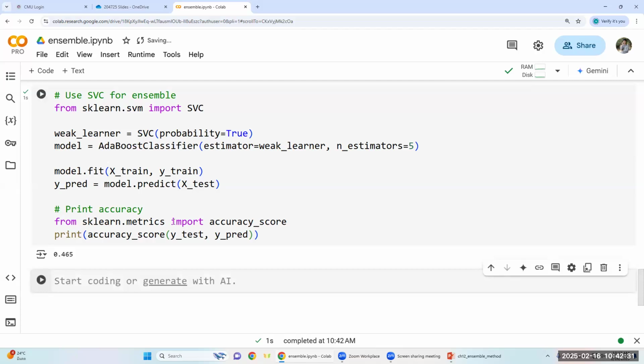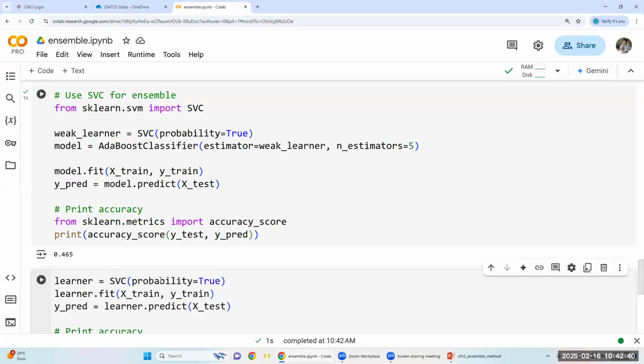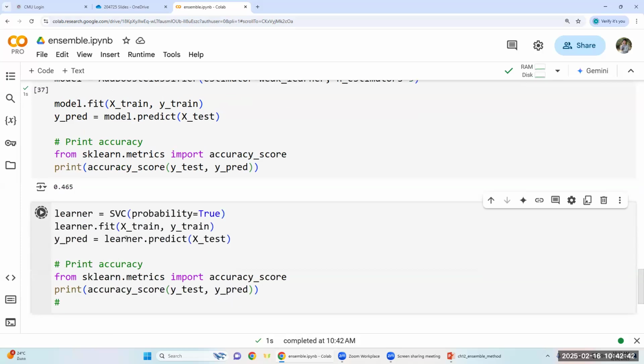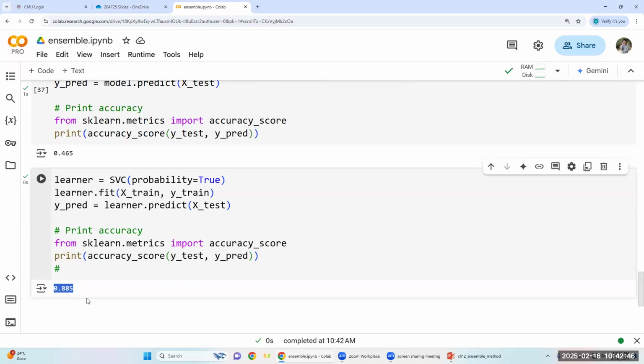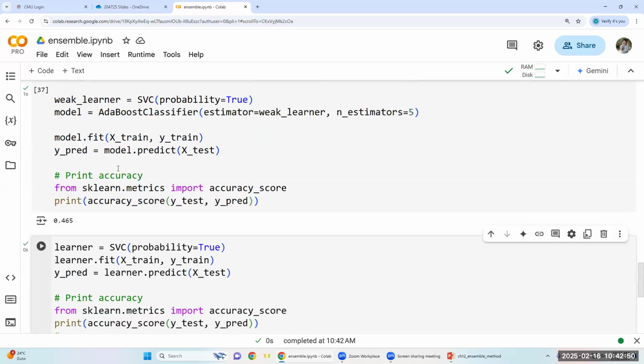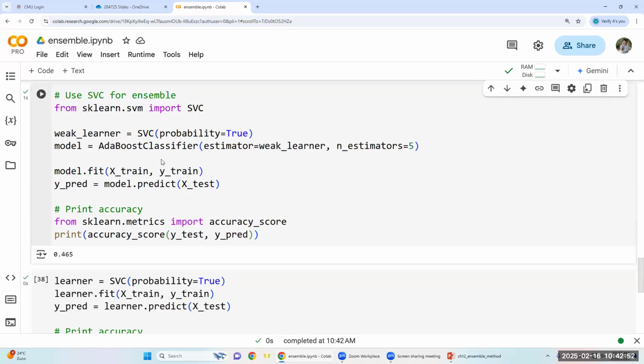If I use just the SVC and only use one, it's going to get a high accuracy already. So when you combine them, it's simply not good.